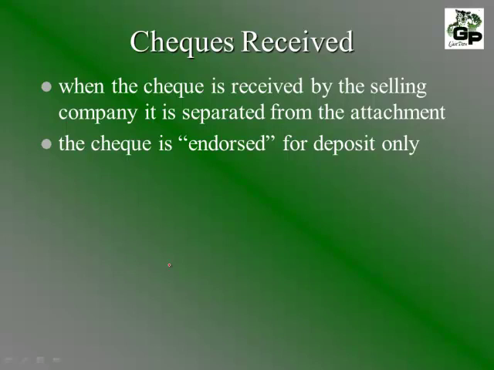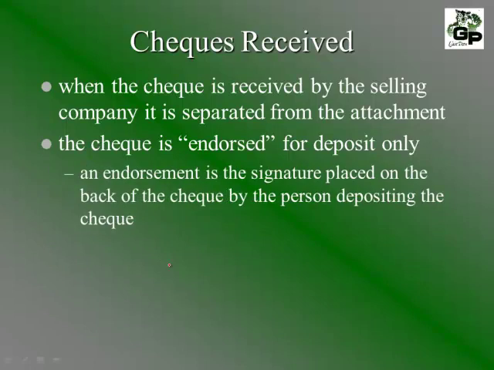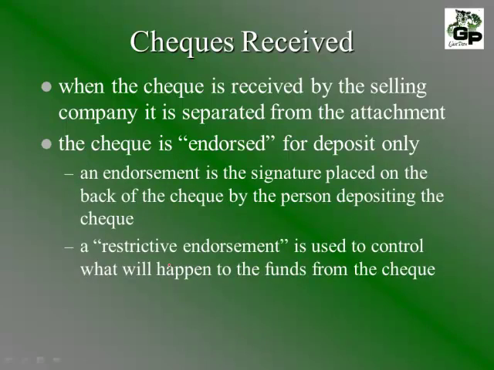The check is separated from the attachment, and the check is endorsed for deposit only. Endorsed simply means signed by someone who represents the company and taken to the bank and deposited. A restrictive endorsement is used to control what will happen to the funds from the check.